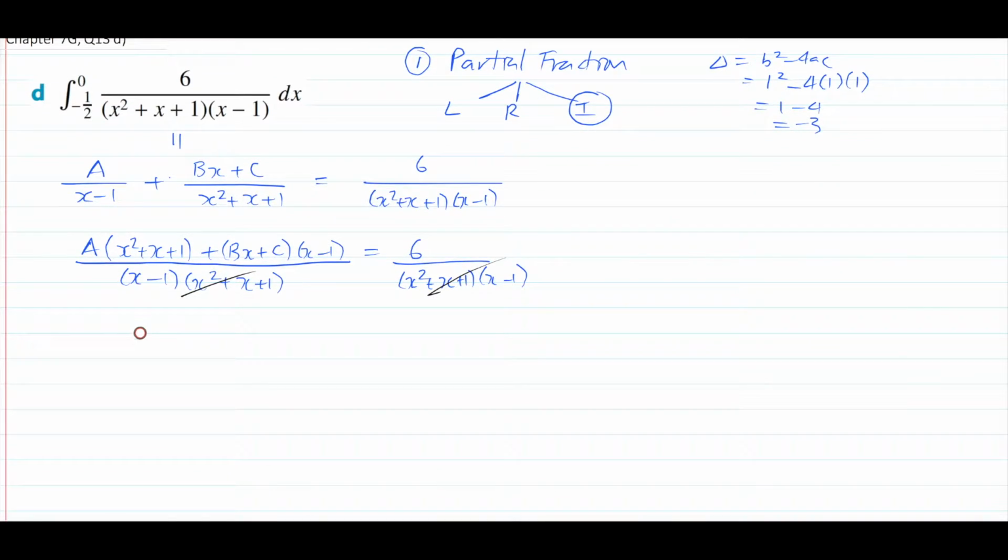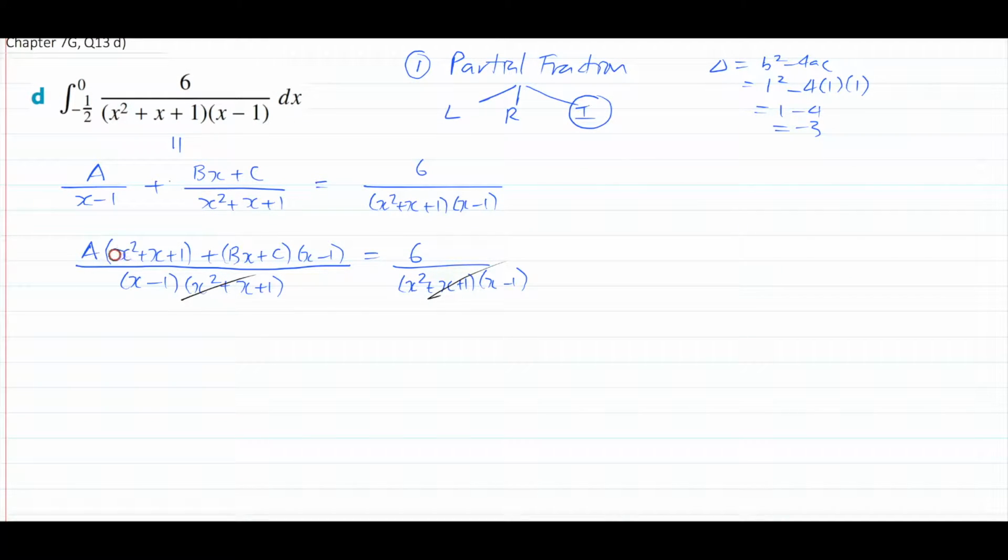Let's start doing the simultaneous equations. Expand it first: ax squared, equals 6. Okay, what we can see is this ax squared and then bx squared. If you add them together, the coefficient a plus b, we don't have an x squared on the right-hand side, so a plus b should end up as 0. So a plus b equals 0. What we also should see is ax minus bx plus cx, that should be 0.